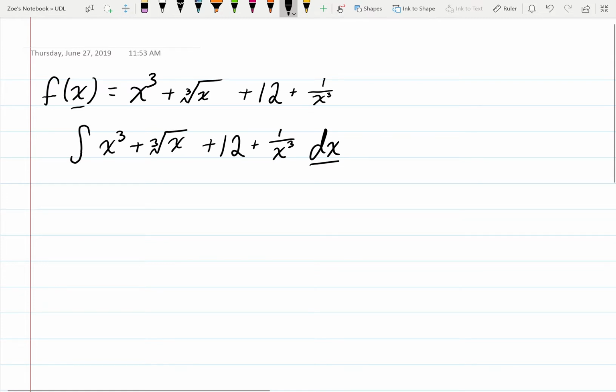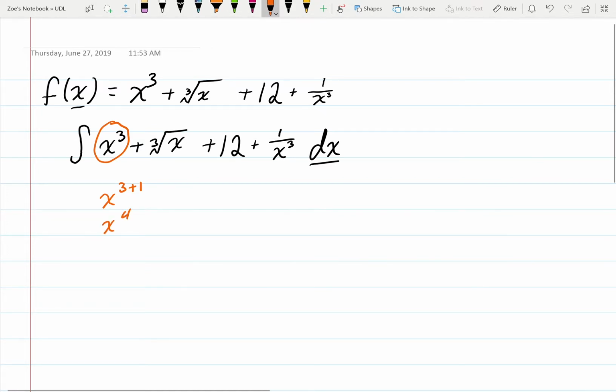So I'm going to focus on each part by itself. So let's look at our x cubed. To find the integral of x cubed, you'll have your base x, and we know that we have to add 1 to our power. So that's going to be x to the 4th.